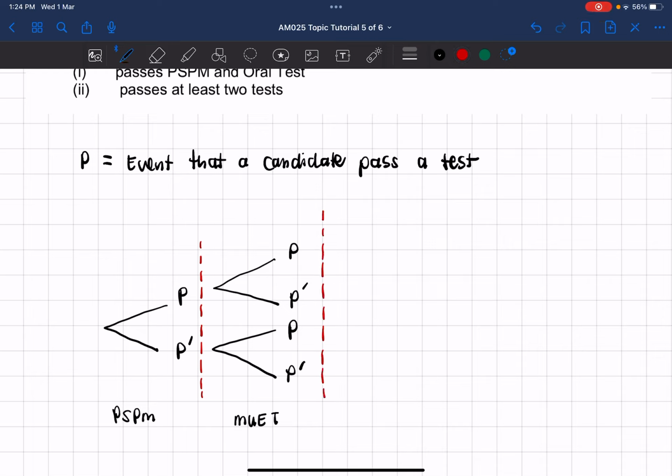And for the third test, it is also the same thing. So these are the branches for the oral test.